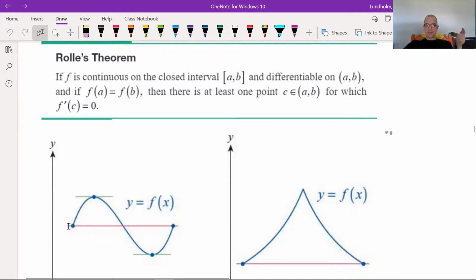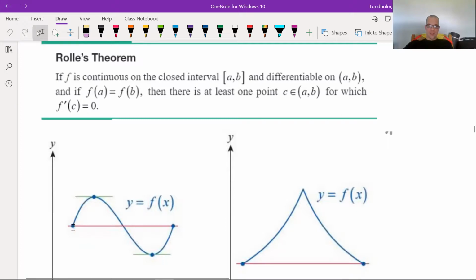So the average rate of change over this entire interval is 0. What Rolle's theorem says is that there would be at least 1 point, c, inside the open interval where the derivative at that point would be 0.